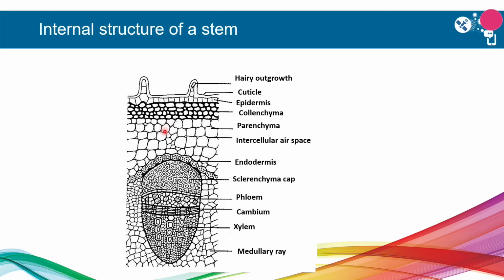There's parenchyma again, and then this little bundle over there is also made up of different parts, which we will be looking at in detail. But just for now, there's this endodermis layer again, then there's the sclerenchyma cap, then we have the phloem, and then the cambium, and then we have the xylem.